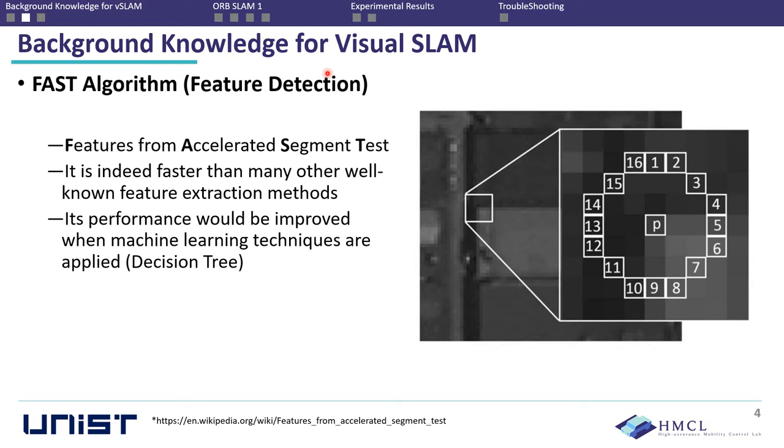Now, let's simply look through the FAST algorithm. As shown in the picture, the FAST algorithm compares the intensity of pixel P to the intensity of a set of pixels in a small circle around the pixel P. To be more detailed, it applies a threshold to the surrounding pixels to classify them as dark, bright, and similar pixels, so that the pixels on the small circle must be continuously dark or light.